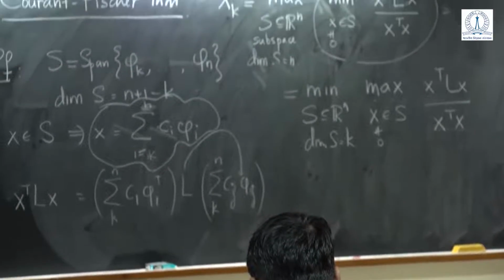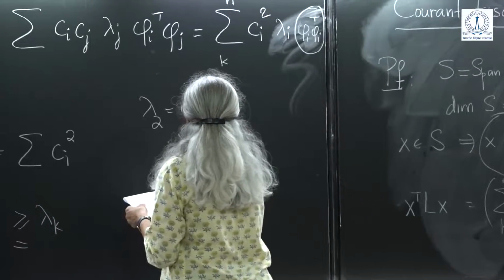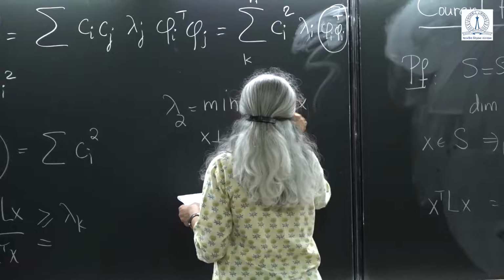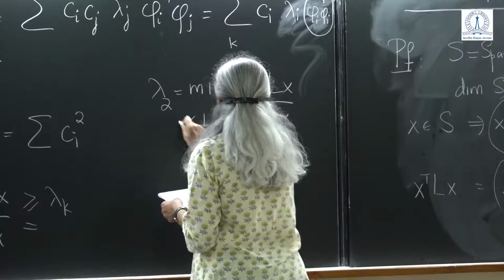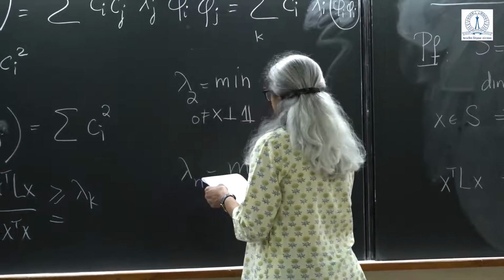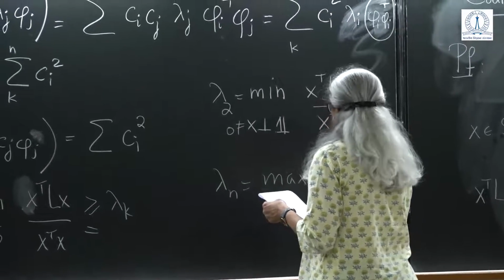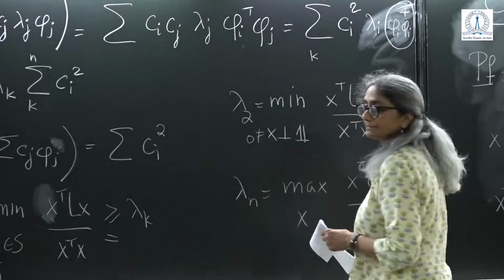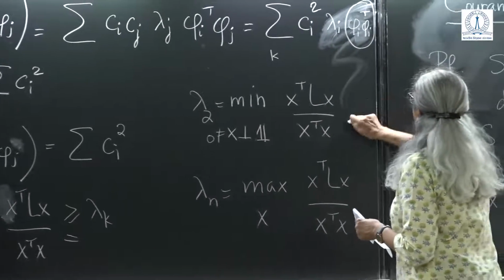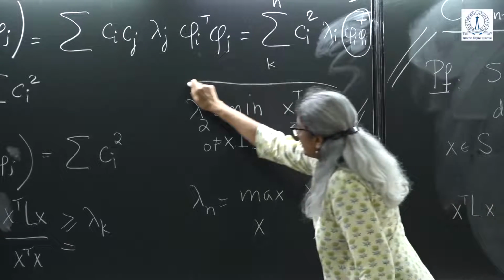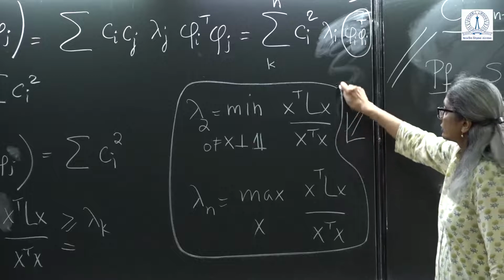So lambda 2 is the min over all x that are perpendicular to the all ones, x not 0, of the Rayleigh quotient. And lambda n is the max over all x's of x transpose Lx over x transpose x. Okay? So this is a corollary of Courant-Fischer, these two facts. And we're going to use this a lot.